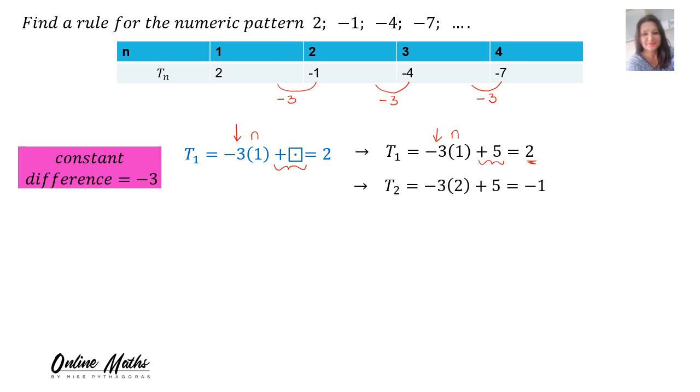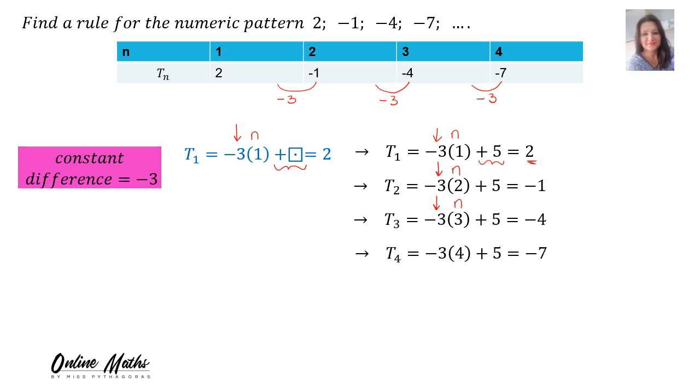Term 2, same pattern. Constant difference times n plus 5 must give you -1. Let's check if we're right. -3 times 2 is -6, plus 5 is -1. Term 3, constant difference times n plus 5 is -4. -3 times 3 is -9, plus 5 is -4.